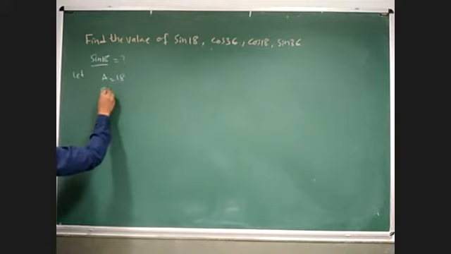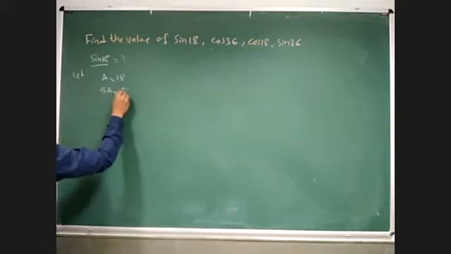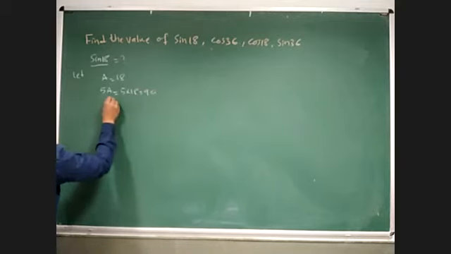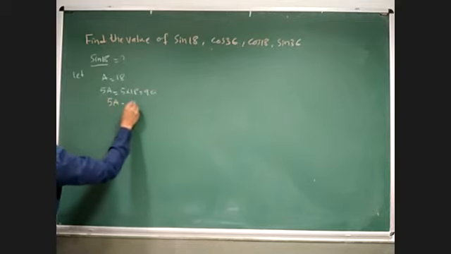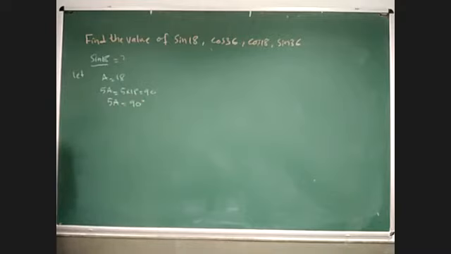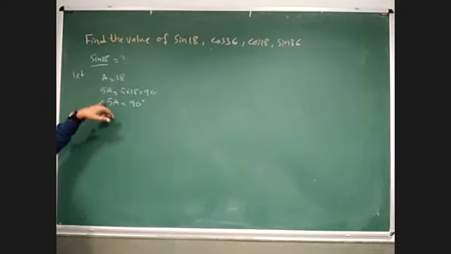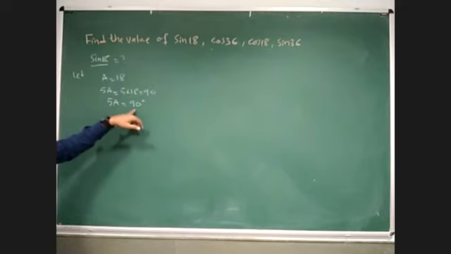So 5 times A is 5 times 18, which is 90. So 5A is 90 degrees, because we don't have such a value to find sin 18 or cos 18, so here we are arranging something.